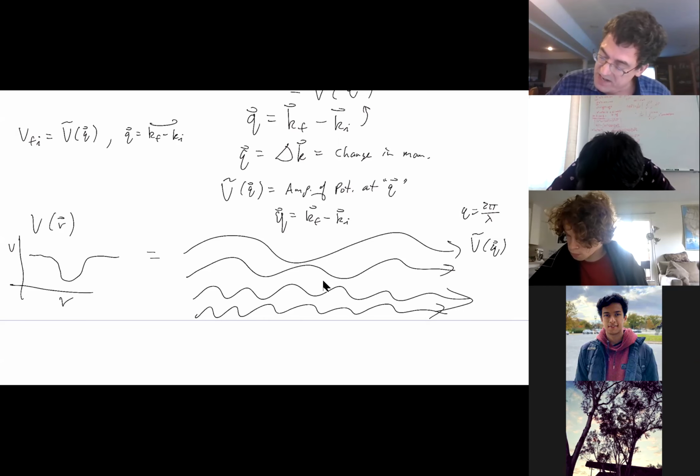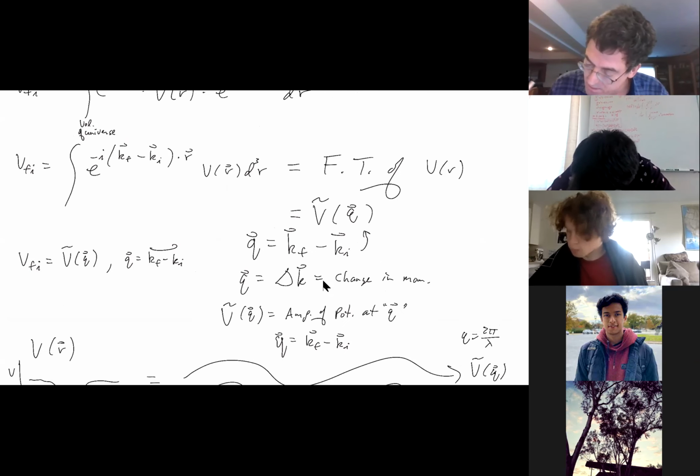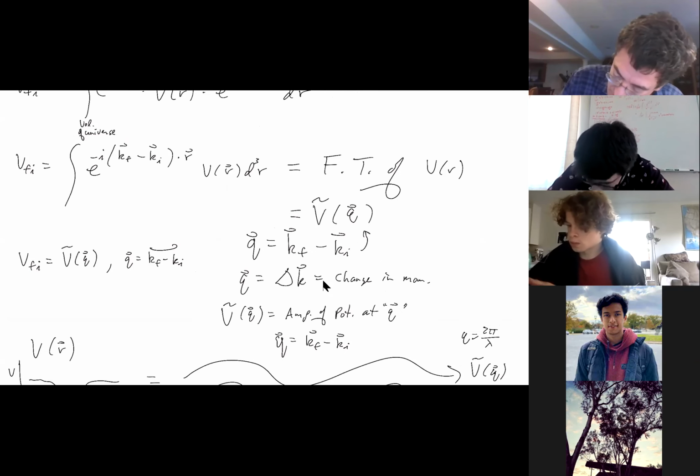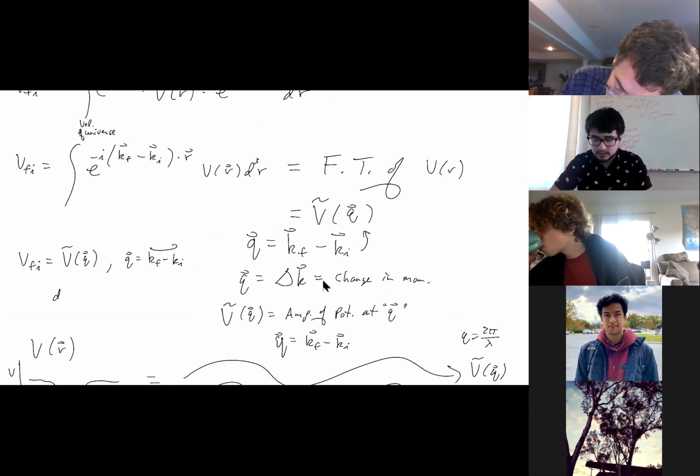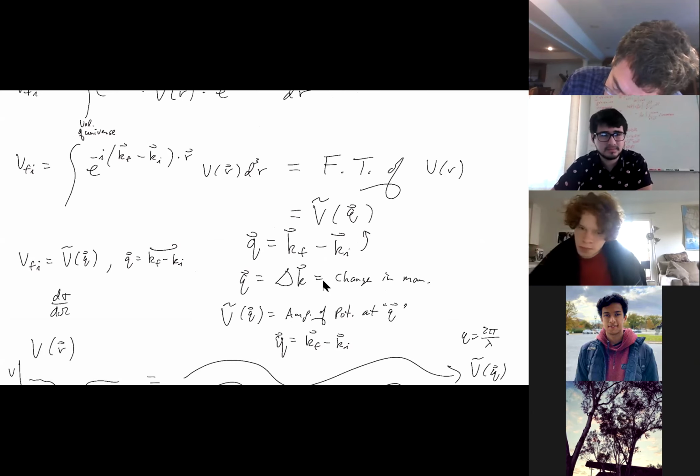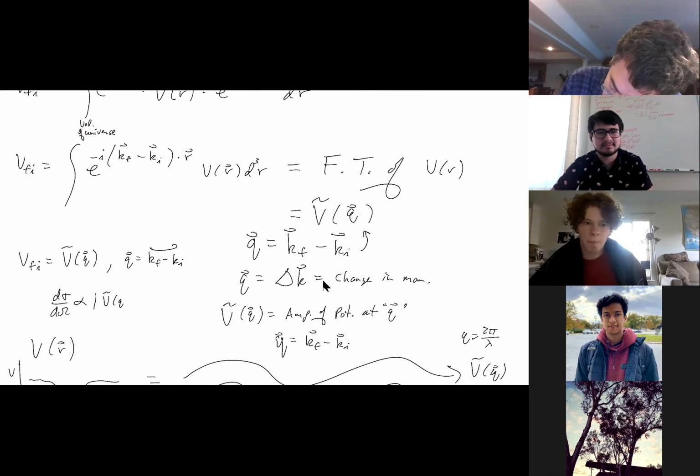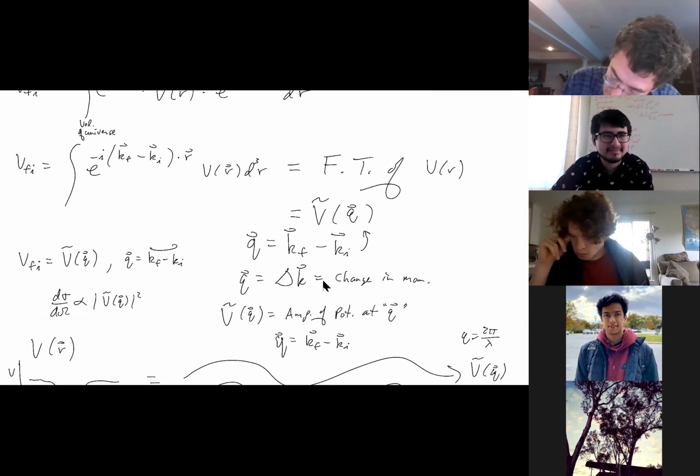Now, this is an important point: d sigma d omega is proportional to this Fourier transform at Q squared.